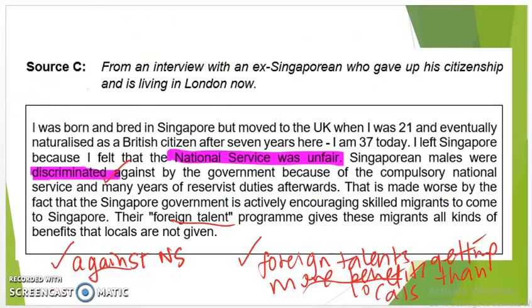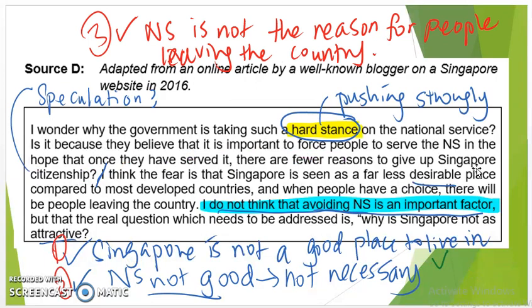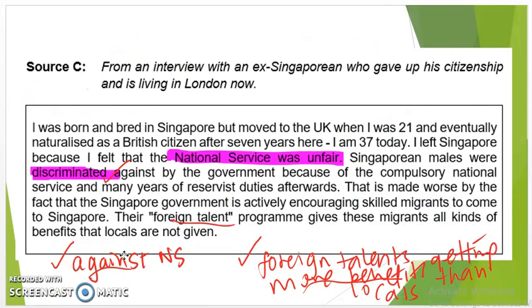So if you compare the notes that I've written against NS, foreign talents getting more benefits than locals, try to find a similarity with this. I think it's very clear here, not necessary. This part here, against NS.